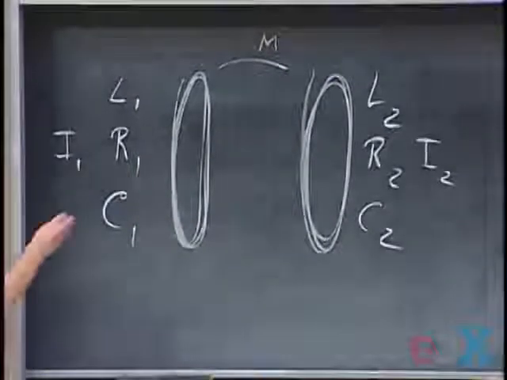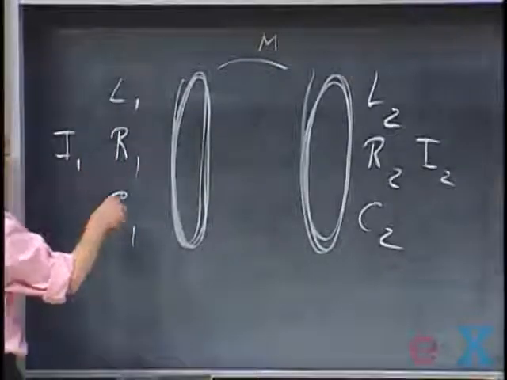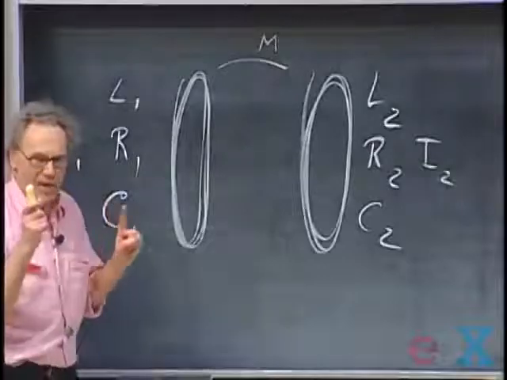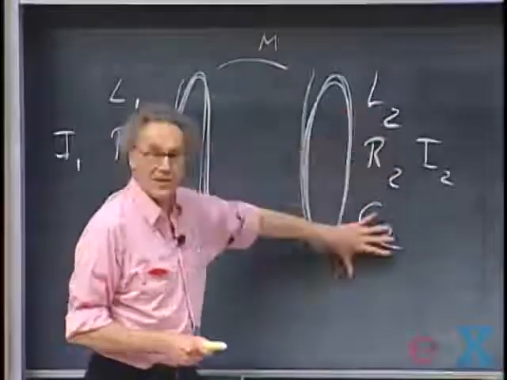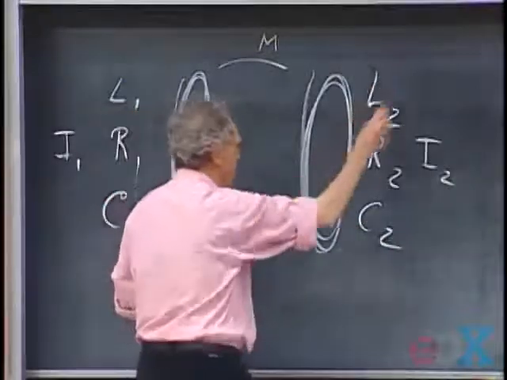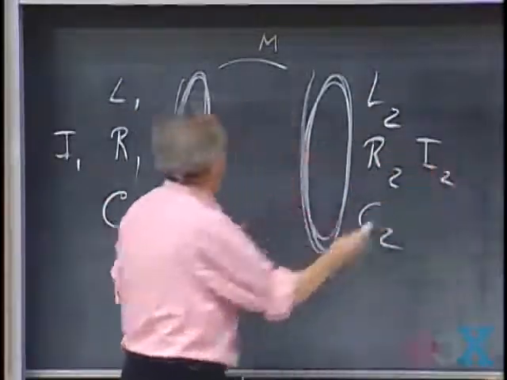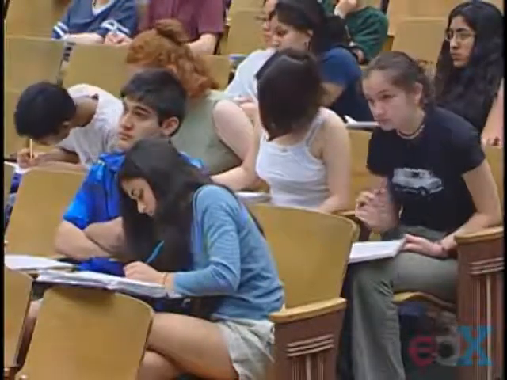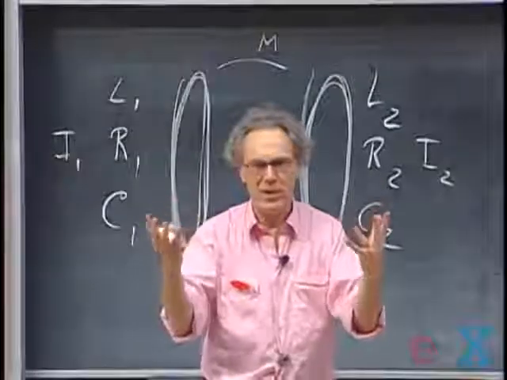But I want to mention that this differential equation here is an equation in I1, L1, R1, C1, but also contains a term M times dI2/dt. And this differential equation is an equation in L2, R2, C2, I2, but also contains a term M times dI1/dt. And so now you get two coupled differential equations.